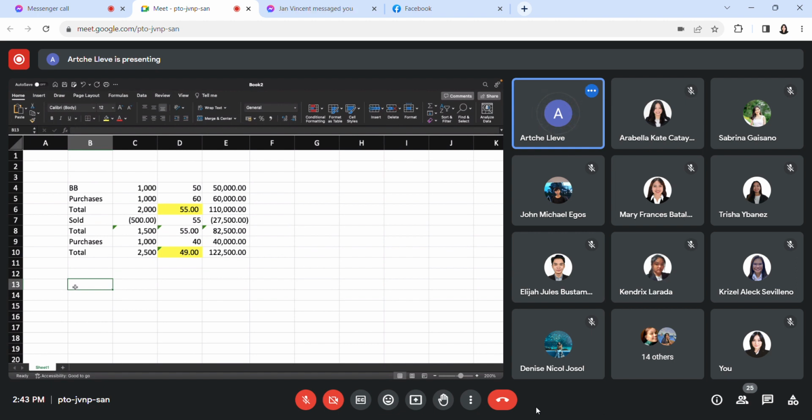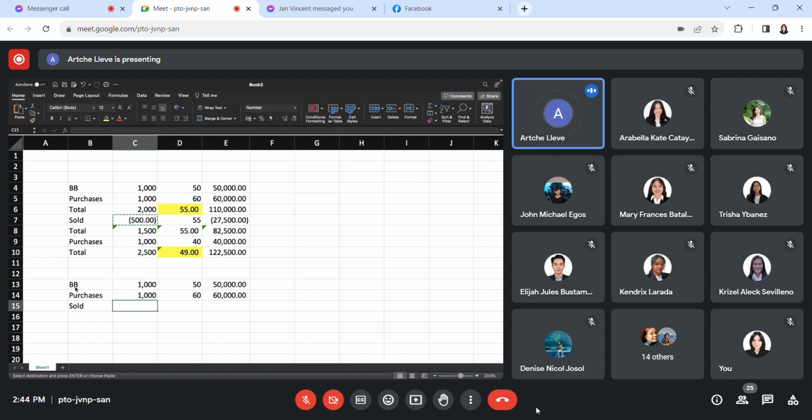So, let us use the same example. So, you have here purchases, 50 and 60. Now, we sold. Okay, so we sold. Pila ang gisold? 500.